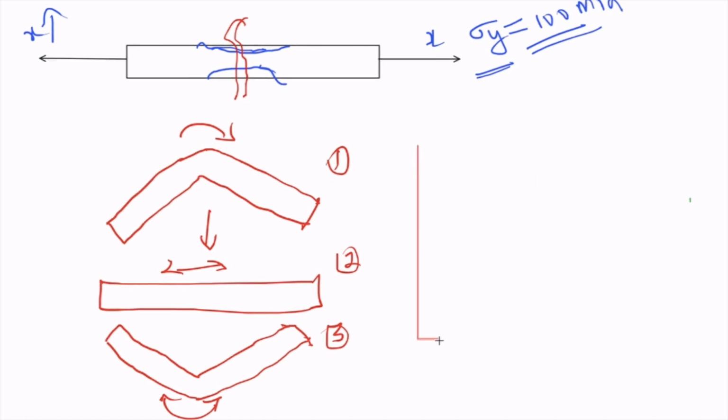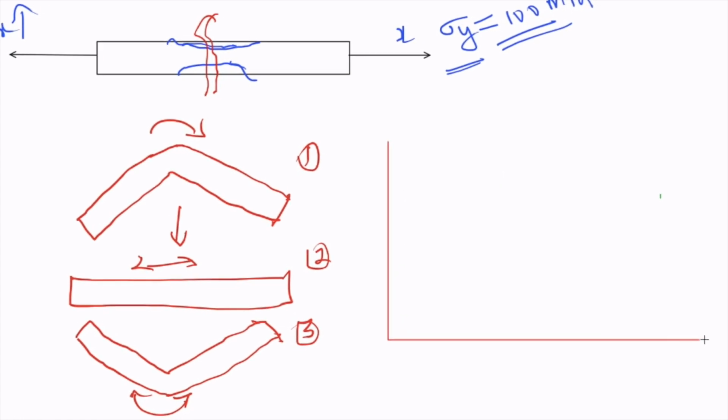Here we have this shaft right here. This will be the output that you are generating by doing this exercise. So consider a point A right here on this material which undergoes this experiment. This will be the point A.